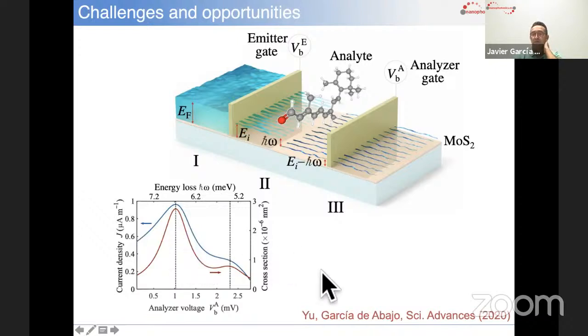And the calculations that you can see in this paper show the transmission through this device, if you have an area that is decorated with molecules that you want to detect, then this is the current as a function of one of the voltages in the analyzer here.